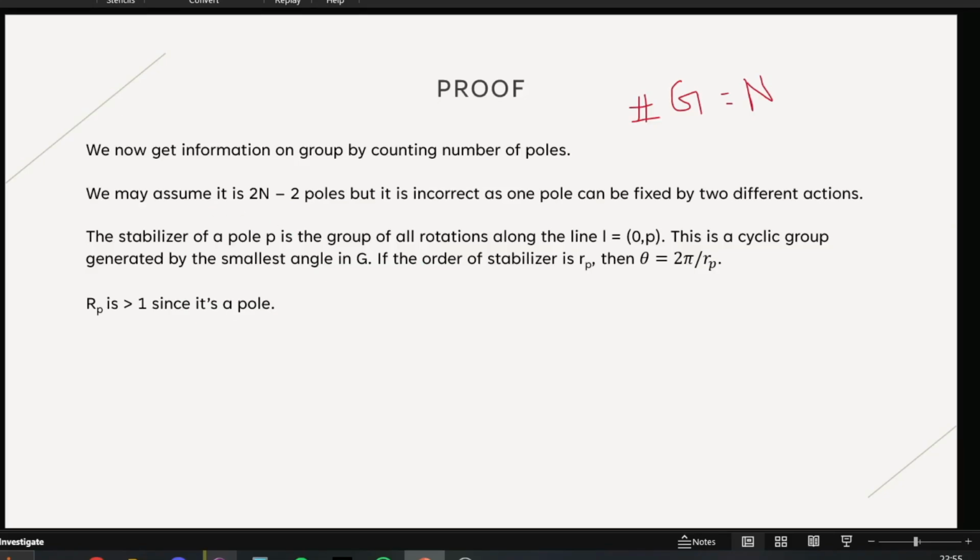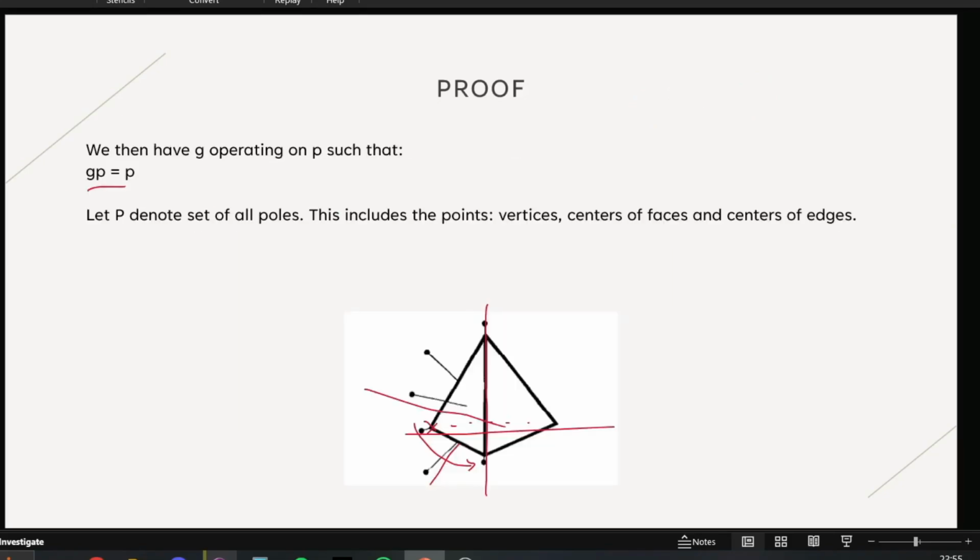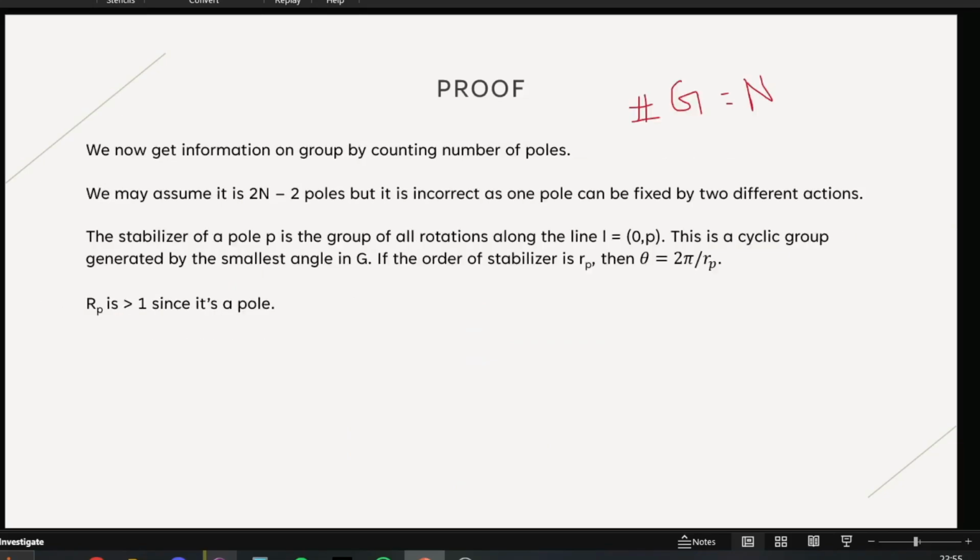I will show that later. So it is possible that a single pole can be shared by multiple actions. I will show that in a different picture. Can't draw a dodecahedron here.